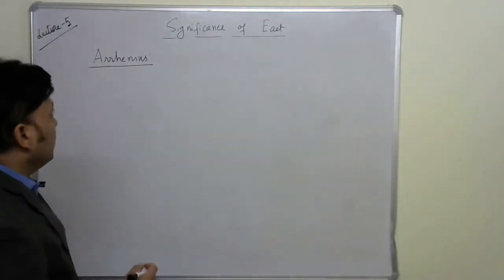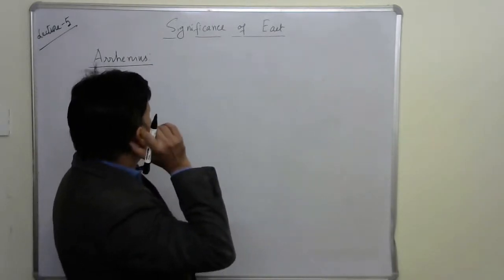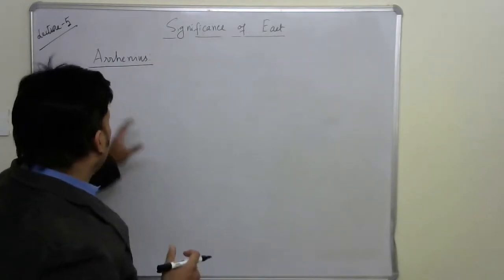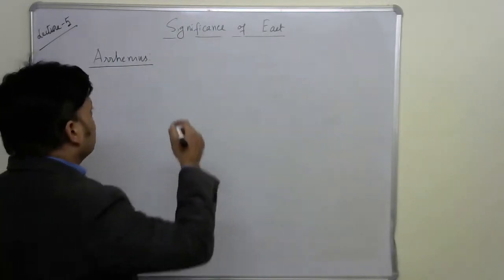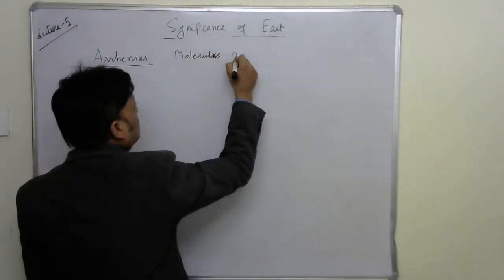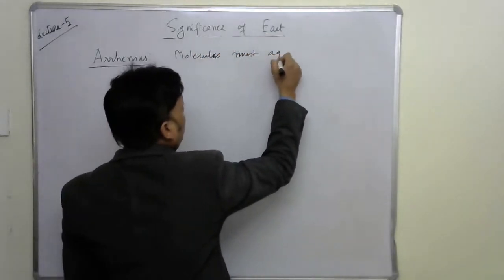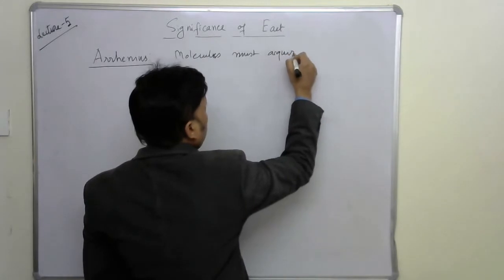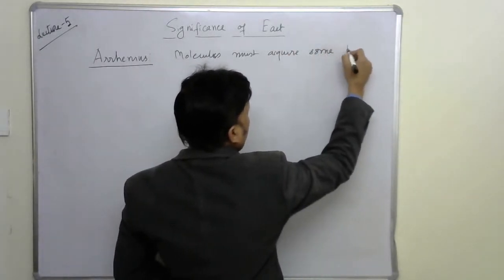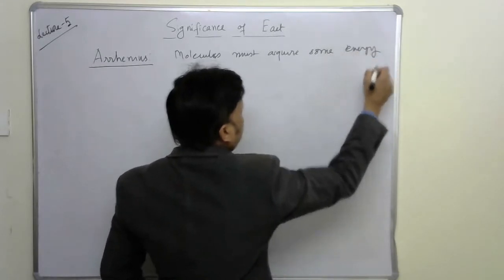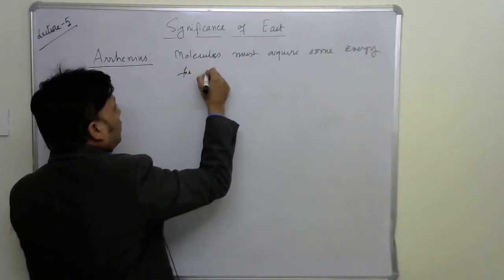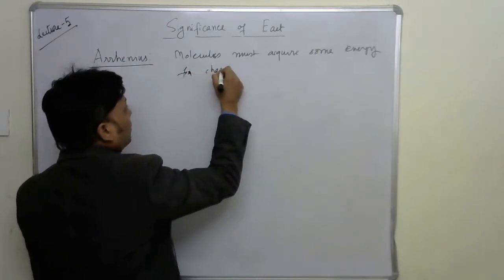So let's look a little bit into the significance of the energy of activation. According to Arrhenius, molecules must acquire some energy, and that energy is called the activation energy for a chemical reaction.